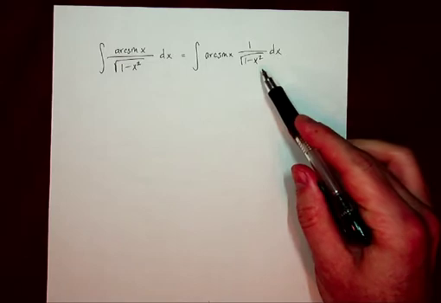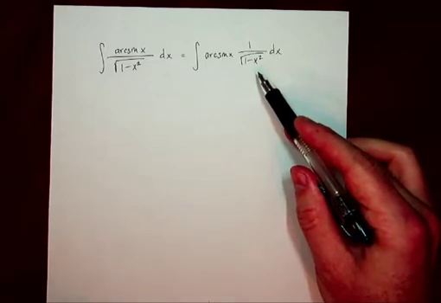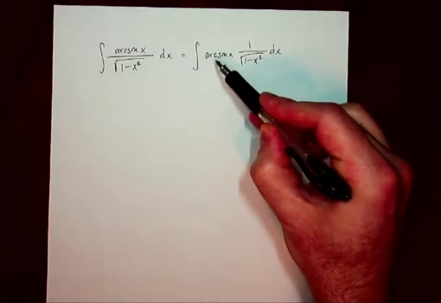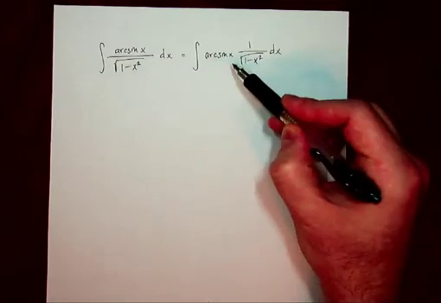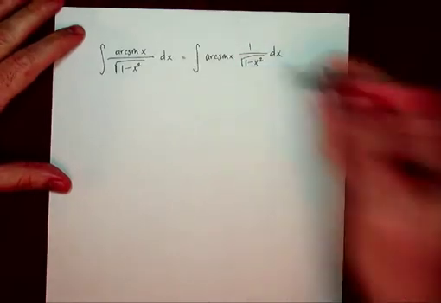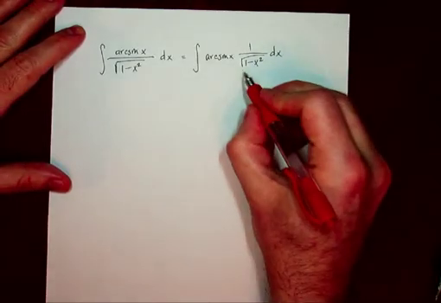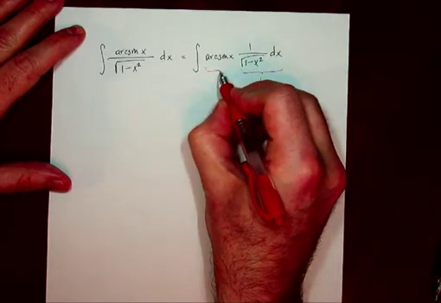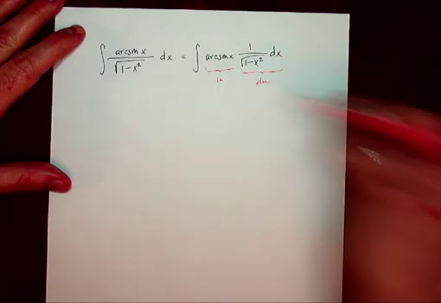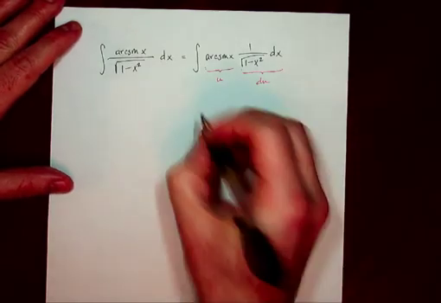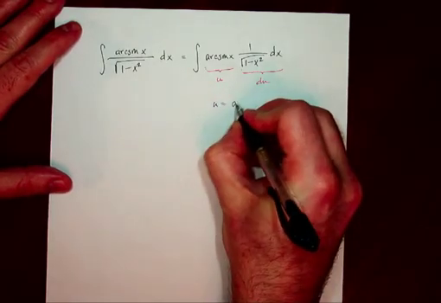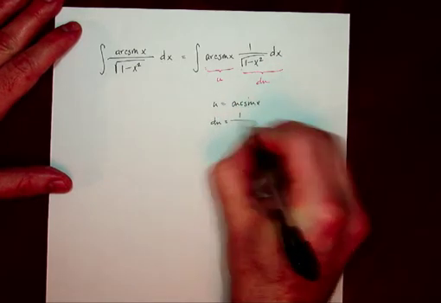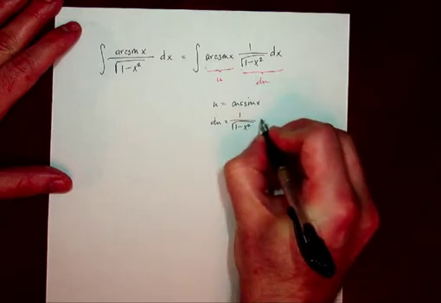what I need to do is simply recognize the fact that this right here is the derivative of arcsine. And therefore, if this right here is the derivative of arcsine, then maybe this is my du, which means that this could just be my u. Could it be that easy? Could u be equal to arcsine, and therefore du is 1 over root 1 minus x squared dx?